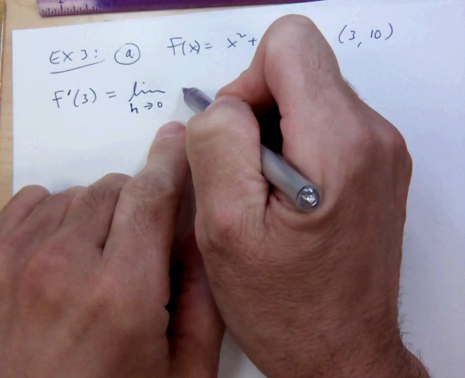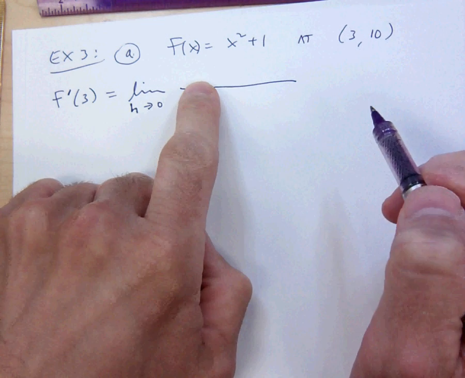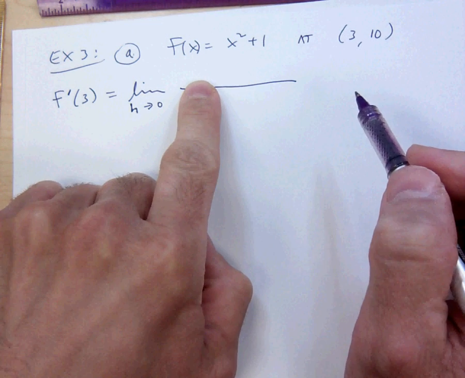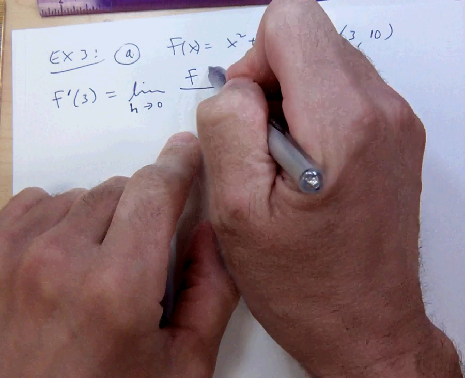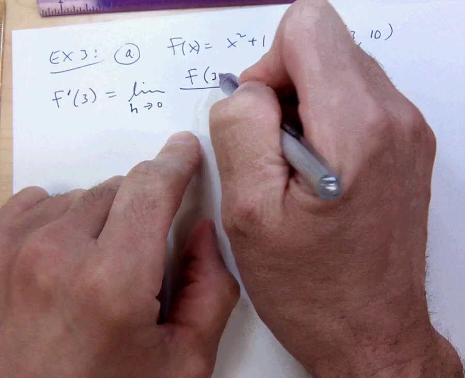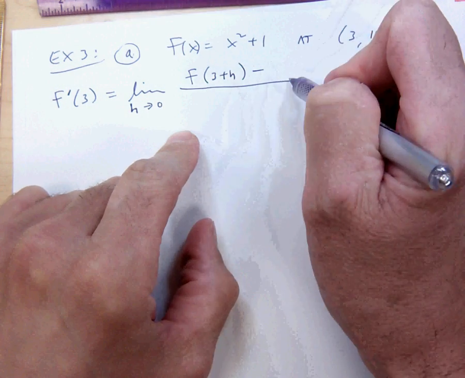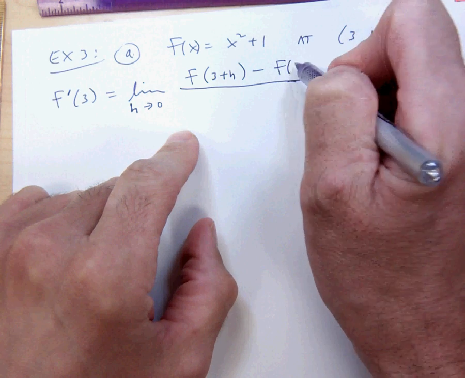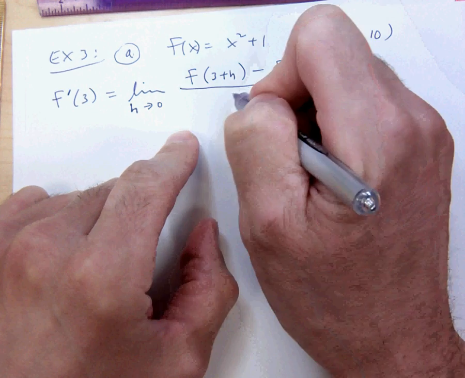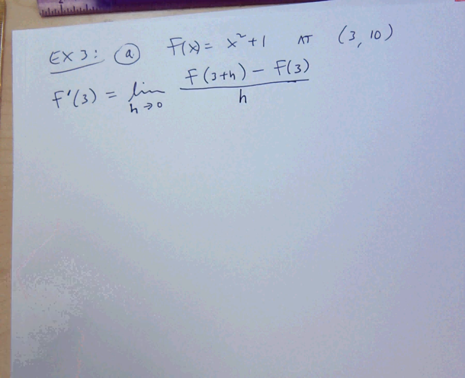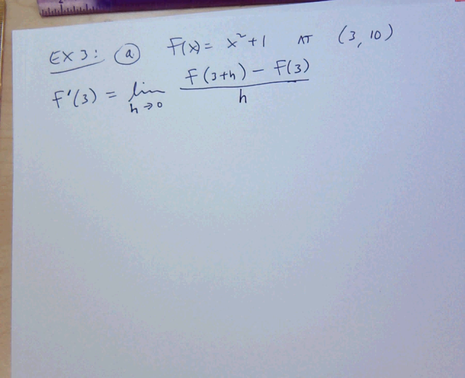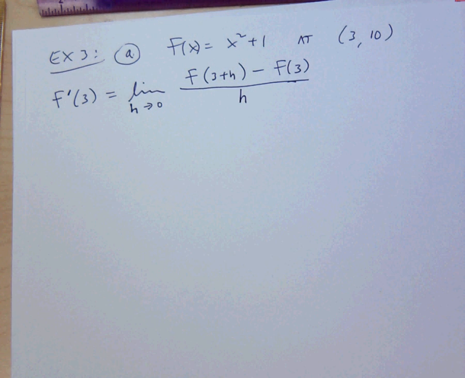And what goes on top here? f of a plus h, right? Which in this case would be f of 3 plus h, and then minus f of a, which is f of 3, right? All over what? h. Everybody agree? Okay, so you should have written that down.